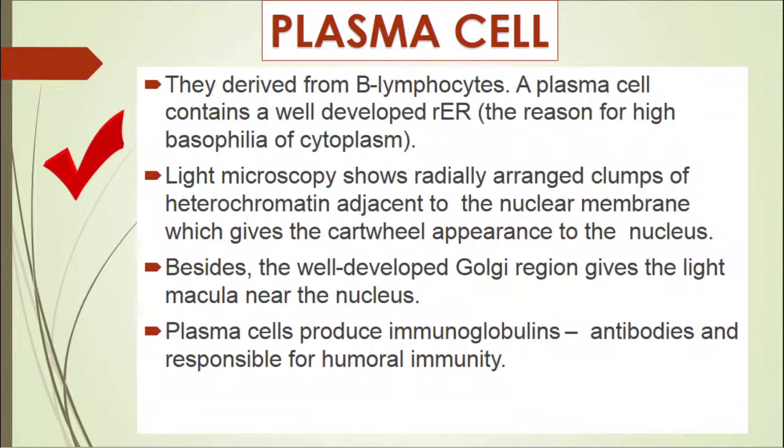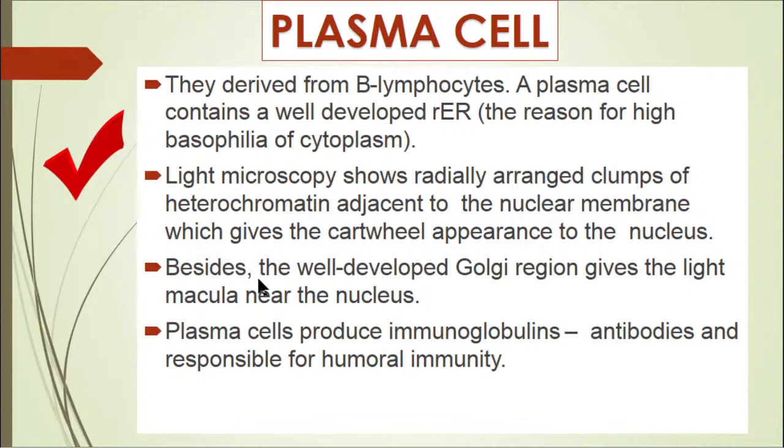Plasma cells, they derive from B lymphocytes. Plasma cells contain well-developed rough endoplasmic reticulum, the reason for high basophilia of cytoplasm. Plasma cells produce immunoglobulins, antibodies, and are responsible for humoral immunity.